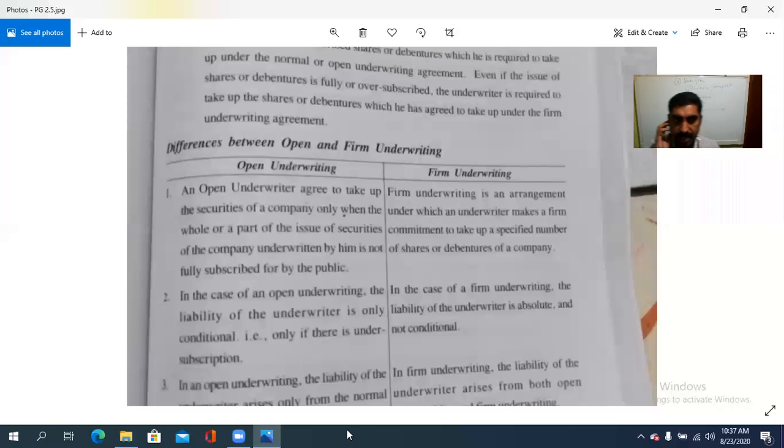So in continuation with that, what are the differences between open and firm underwriting?